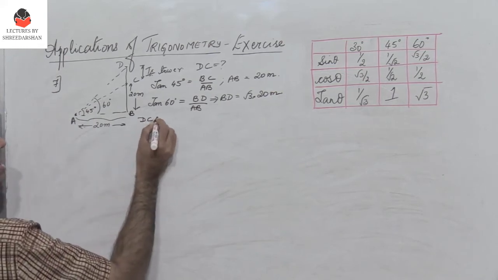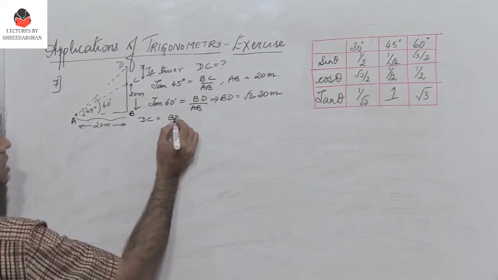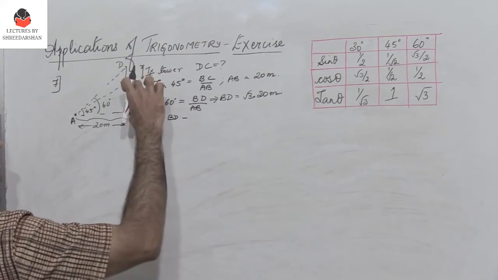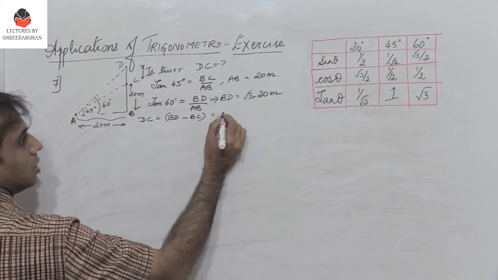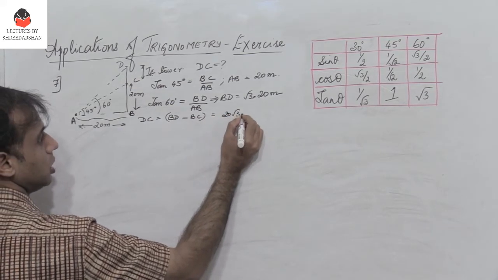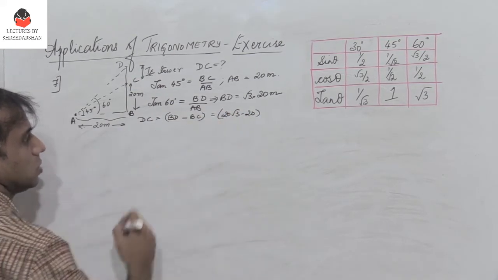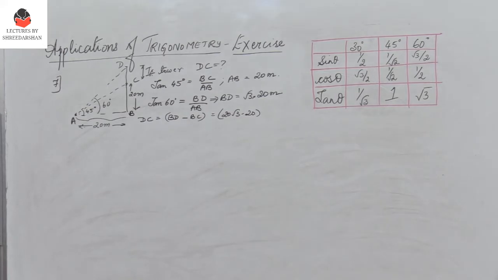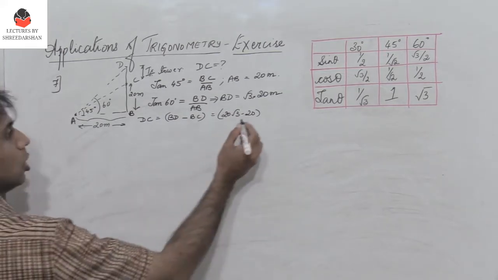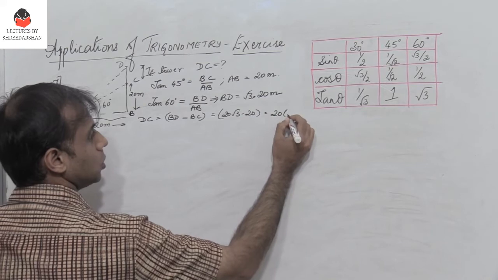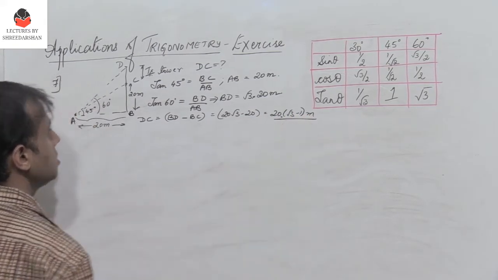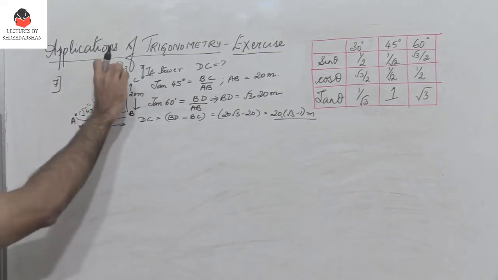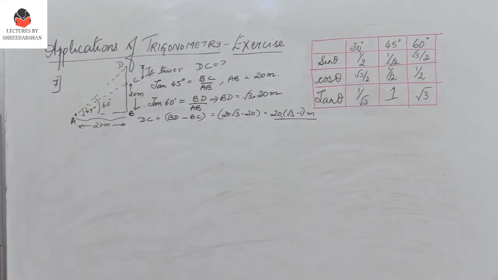DC is BD minus this distance BC. So it is 20 into root 3 minus 20. I can take 20 common: 20 into root 3 minus 1 meters is the height of this tower which is present on top of a building.